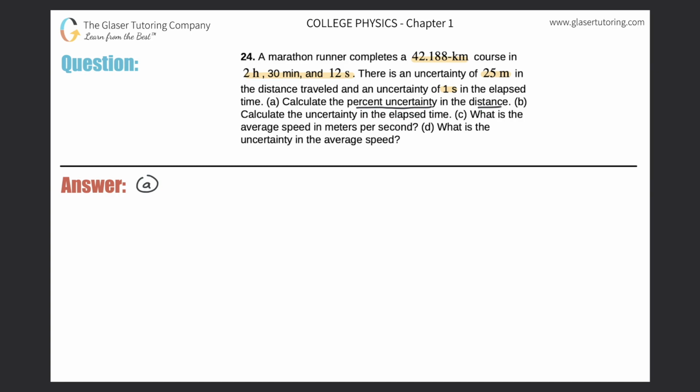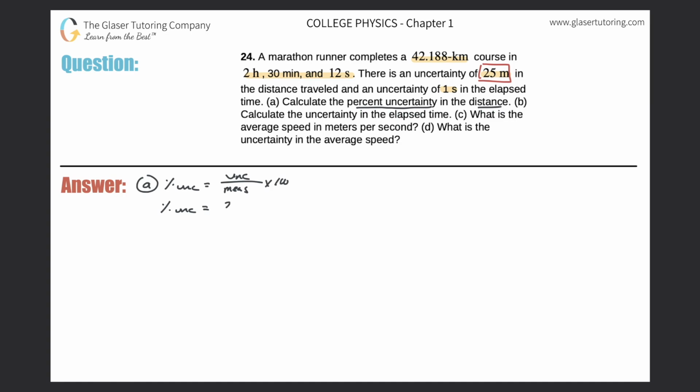Now remember, percent uncertainty is equal to the uncertainty in the measurement itself divided by the measurement multiplied by 100. So the percent uncertainty will be equal to the uncertainty that was given. If we go back to the problem, the given uncertainty in the distance was 25.